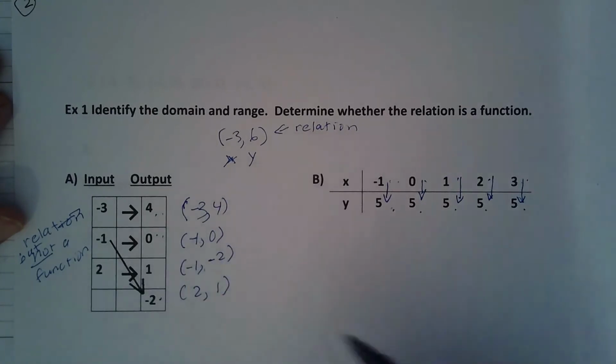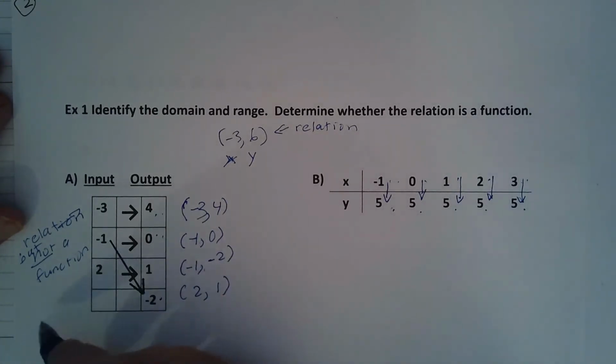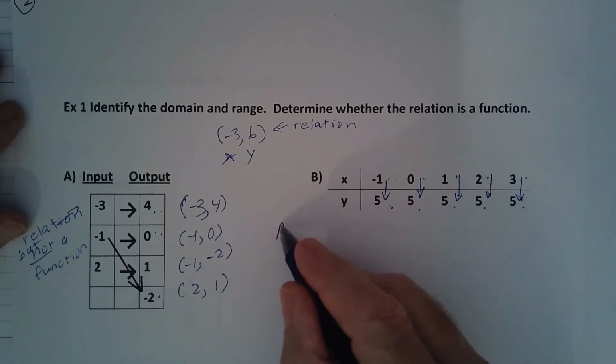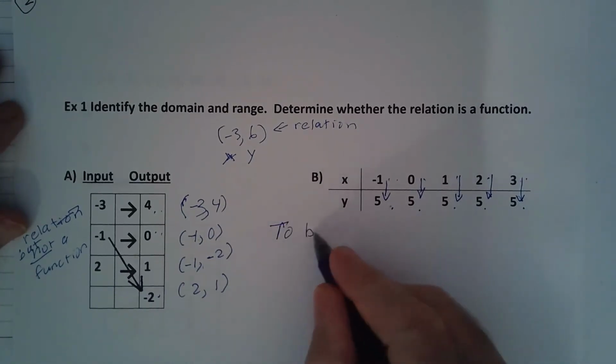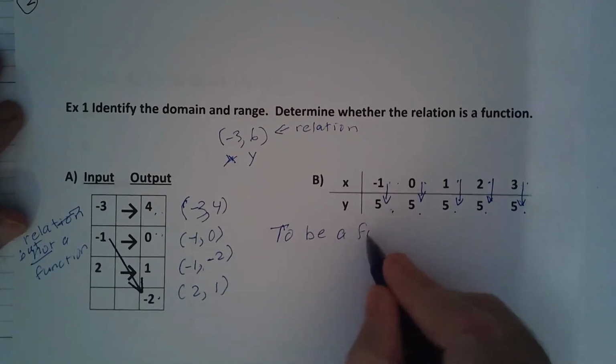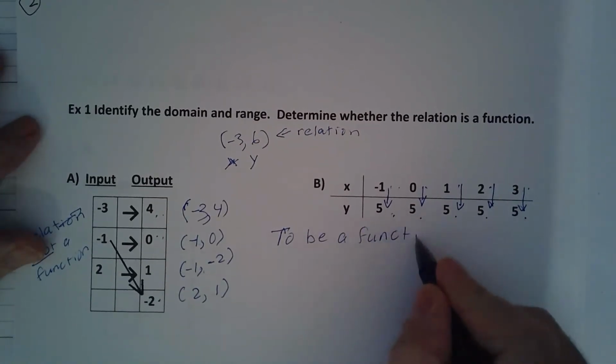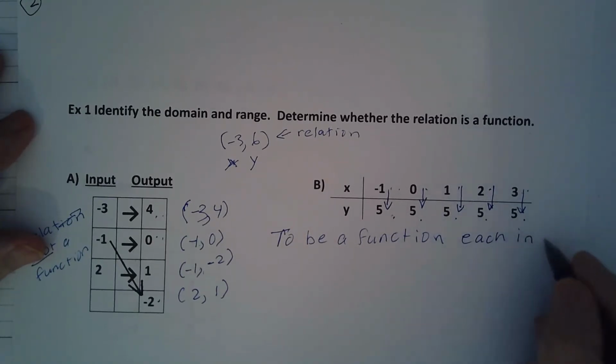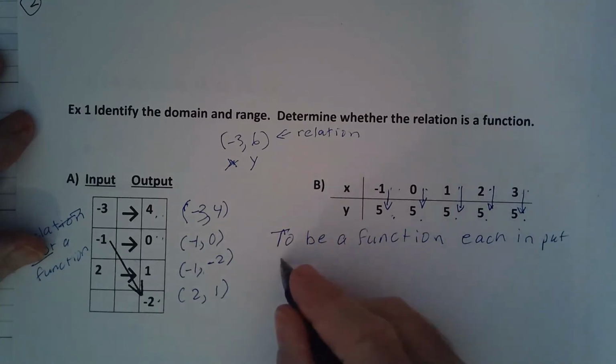So again, it fails the test of a function. So for a function to be a function, each input can have only one output.